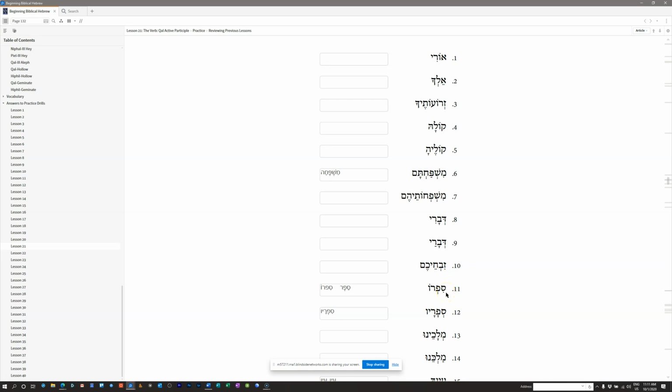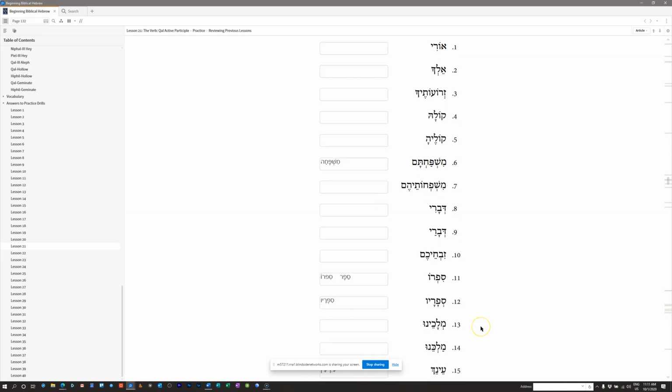All right, number 11, we've got sifro. Sifro is from sefer. Sefer is book, so this is going to be his book. 12, we've got sefarav. Even though this looks like sefariv, this usually gets pronounced as sefarav, as if the yod weren't there. But the yod vav, this is what we use when we've got a plural noun. So this is going to be his books, or scrolls.